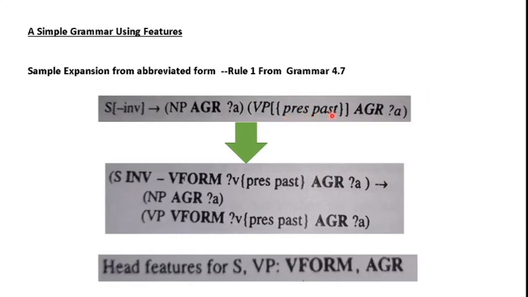We know that the present past value actually occurs for the feature subcategorization, right? Oh no, not for subcategorization. No, it is VForm. Sorry, it was for VForm. So VForm is written here in VP, and this is the final expansion.